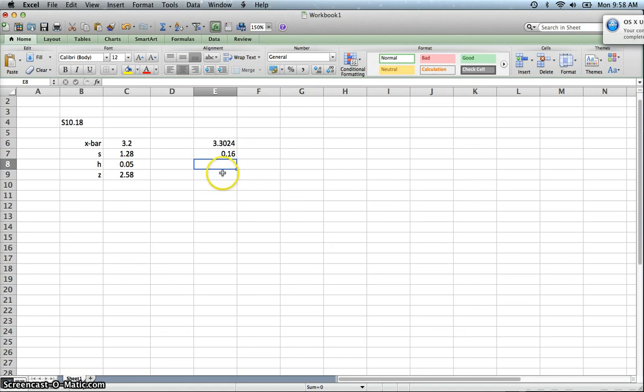Then we're going to divide the top of the equation by the bottom of the equation here. And I'm just following the formula that was given to you. And then we are going to take the square root of that. Or, I'm sorry, not the square root, we're going to raise it to the power of 2. We're going to square it.